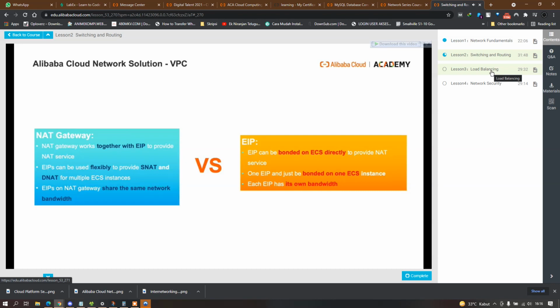With the NAT gateway, we can make all the EIPs, maybe 10 EIPs or 5 EIPs, share the same network bandwidth. But if you just use EIPs independently, each EIP can only have its own bandwidth. So this is, maybe we can say, a waste of bandwidth resources. So this is the comparison between the NAT gateway and the EIP.